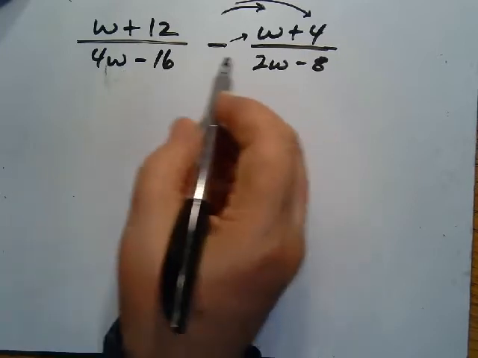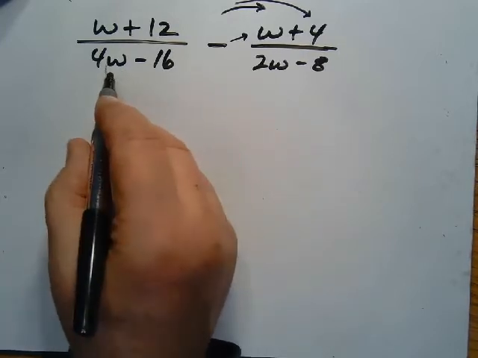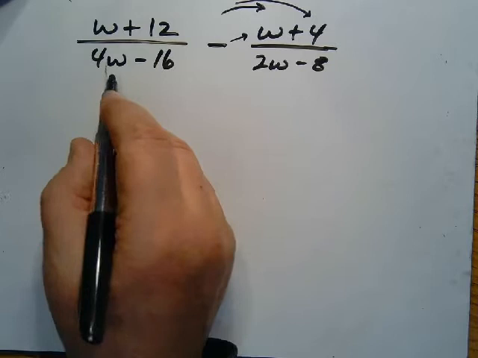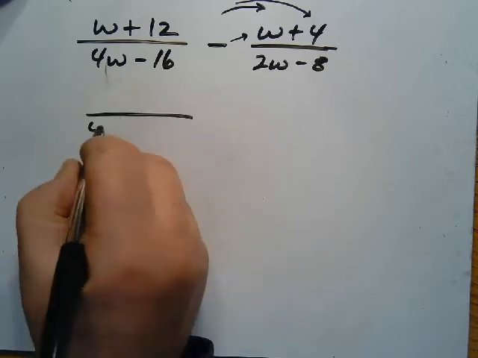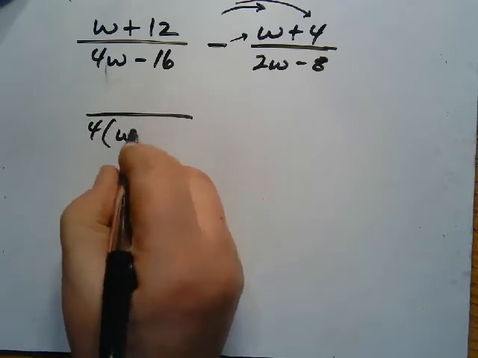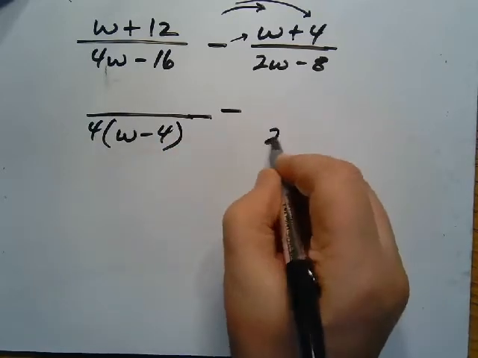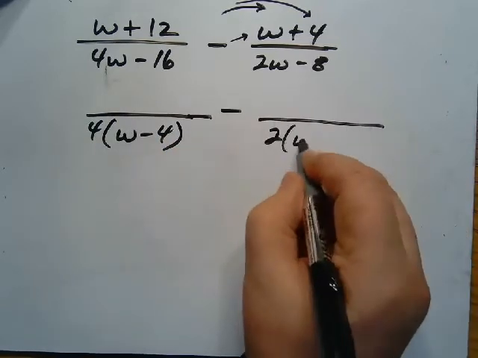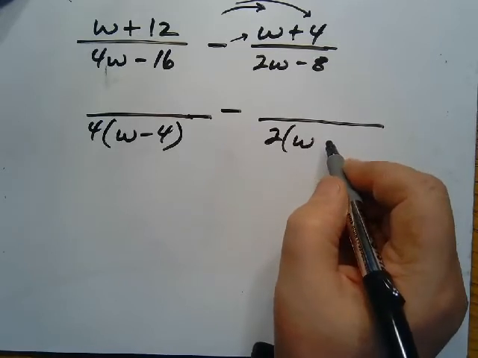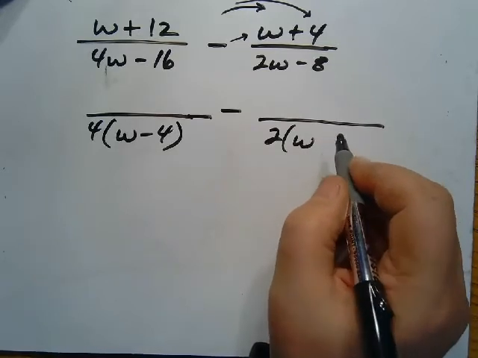All right, we need a common denominator. So let's take a look at what we have in the denominator. This at the bottom here is 4 times w minus 4. This over here is 2 times w minus 4.